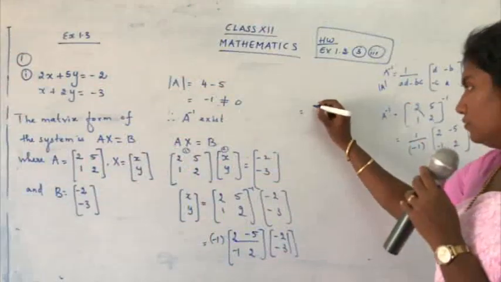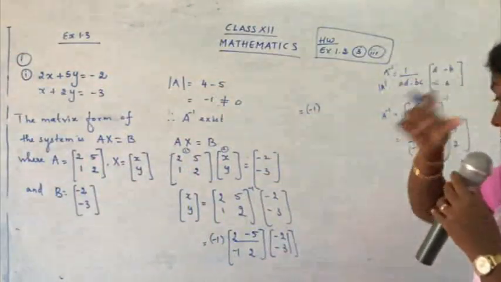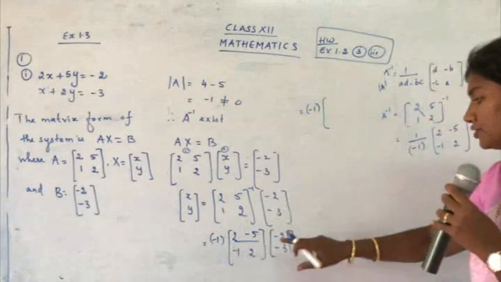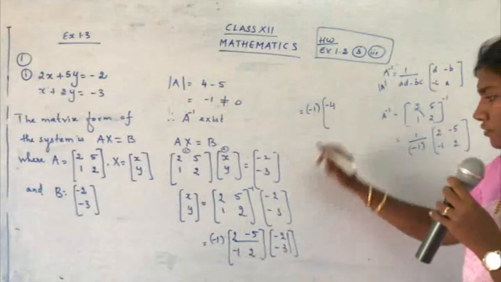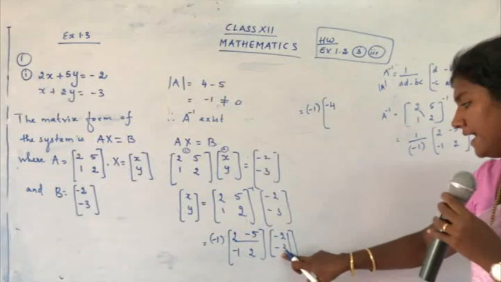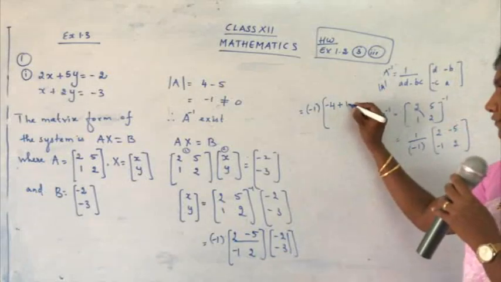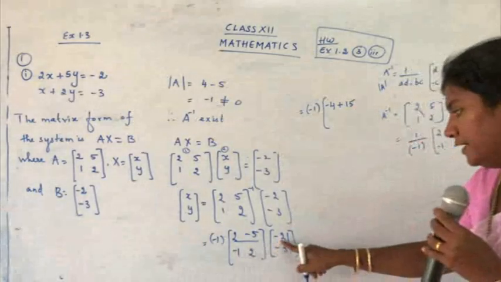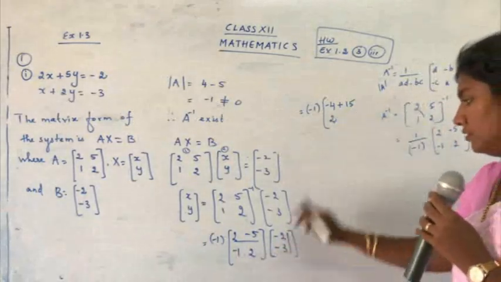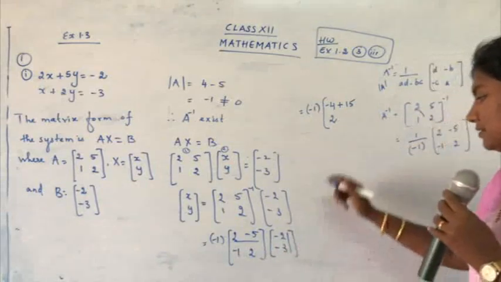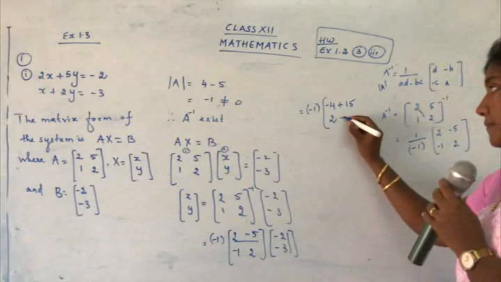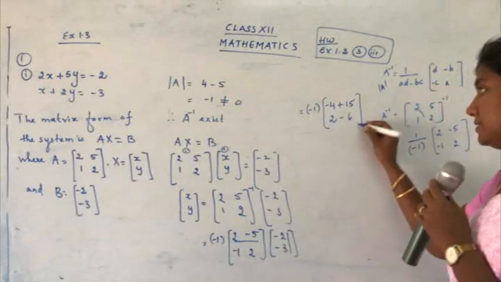So this is equal to minus 1, which I am keeping outside. 2 into minus 2 is minus 4, minus 5 into minus 3 is plus 15. Minus 1 into minus 2 is plus 2, and 2 into minus 3 is minus 6.